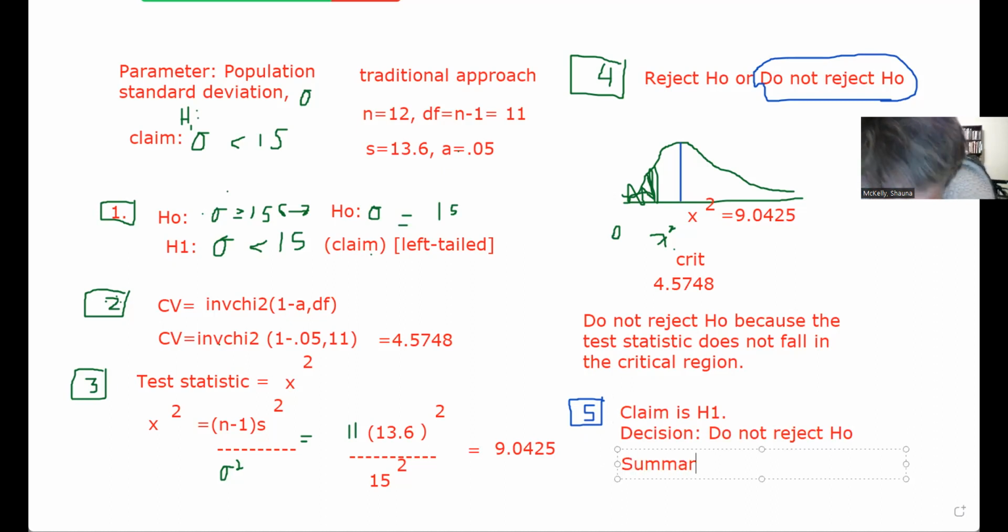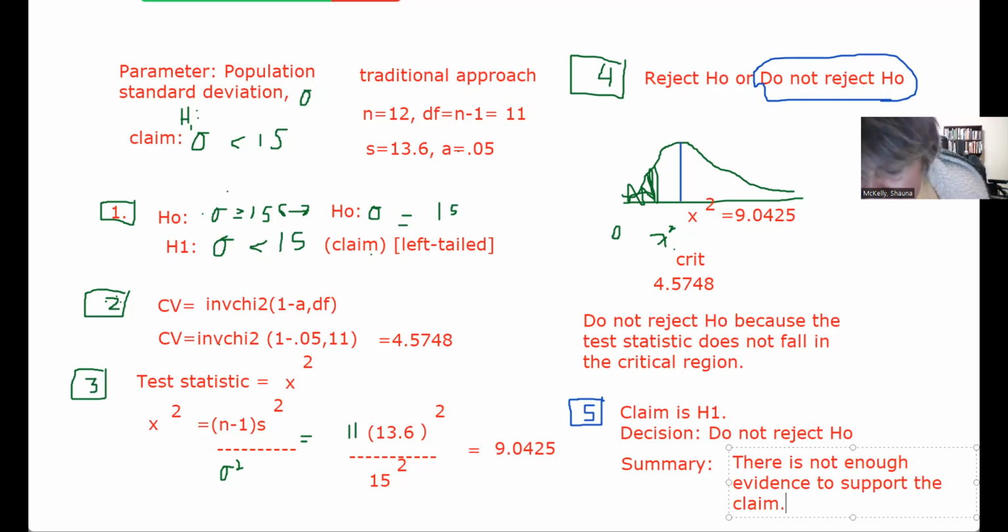Remember, your summary has to be exactly one of four statements. They're boxed. Because we have H1, we're going to have the word support in there somehow. And because we do not reject the null, we can say, there is not enough evidence to support the claim.